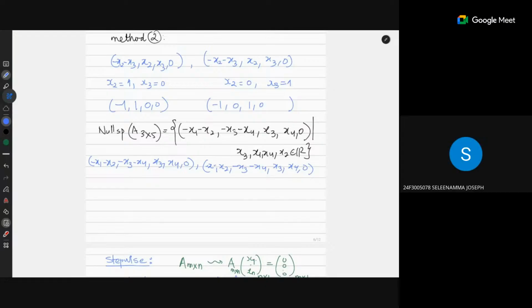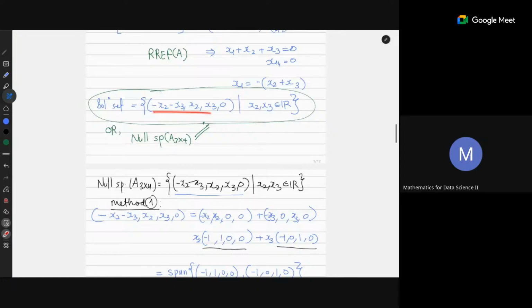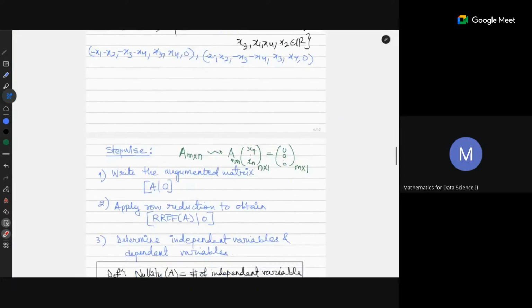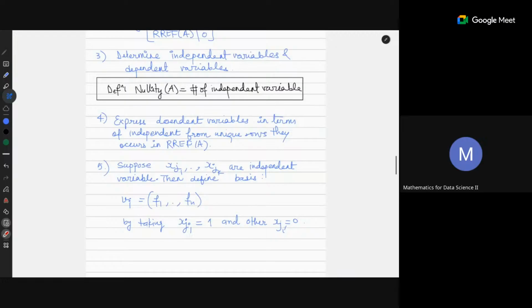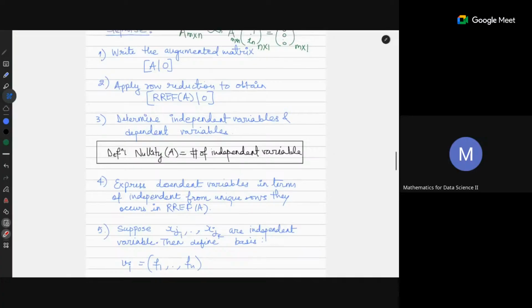The null space is expressed in terms of independent variables. What we are doing while getting the null space is that it is a solution set, and we are writing all the dependent variables in terms of the independent variables. So whatever form you get will only have the independent variables.